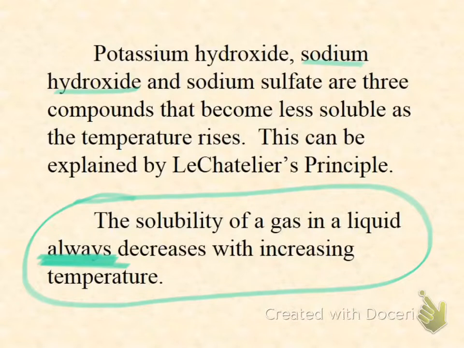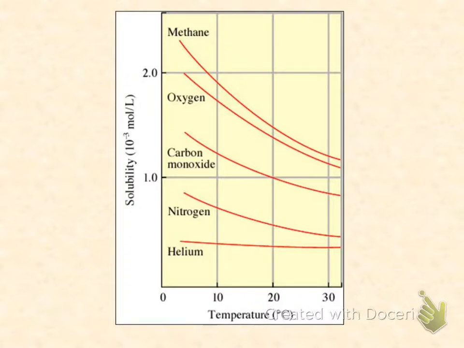And so you can literally have fish suffocate if the water's too warm because they don't have enough dissolved oxygen to take in. So here's an example of gases always decreasing their solubility as the temperature increases.